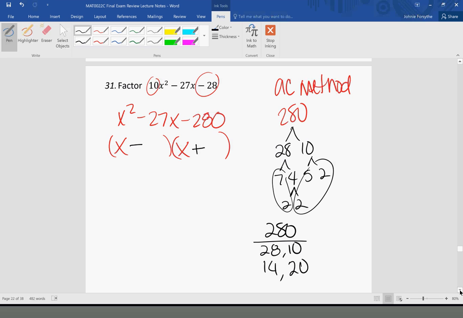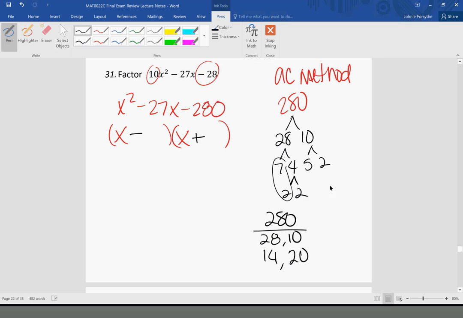That doesn't subtract to give me 27. Let's try a different combo. Let's see. 5 times 2 is 10, times 2 is 20, times 2 is 40, minus 7. That doesn't give me 27.